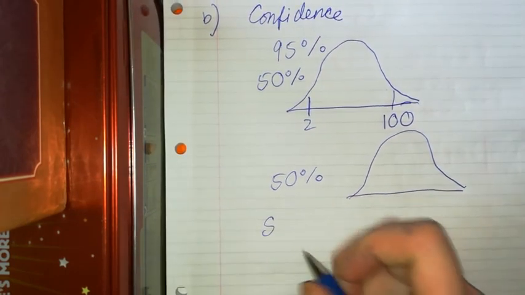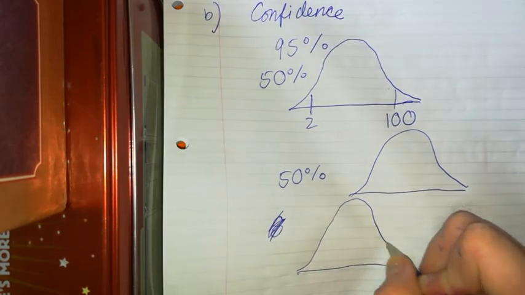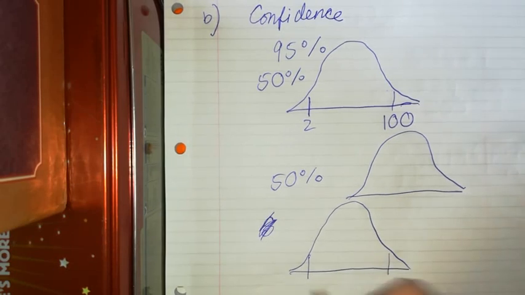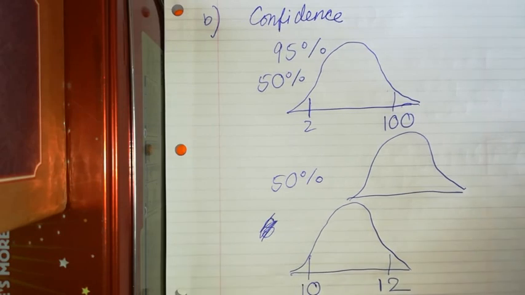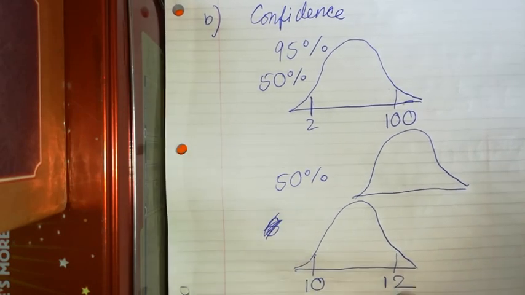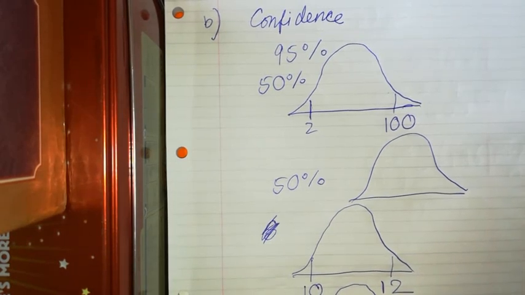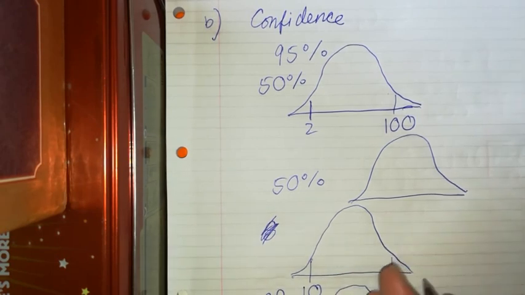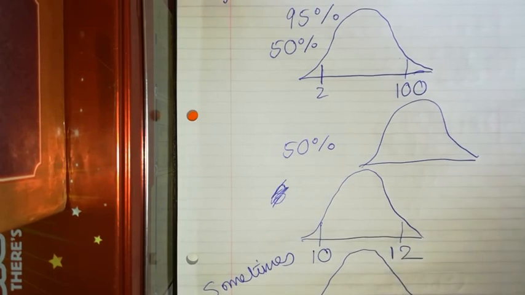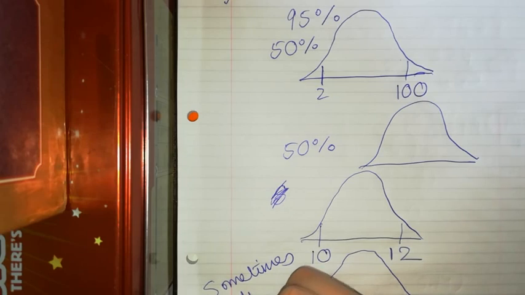It could be sometimes true: say if we had a 50% confidence interval between 10 and 12, and then we wanted a 95% confidence interval, the values would be greater. But it doesn't necessarily imply that, because 95% could actually be within the same interval, so I would say sometimes true.